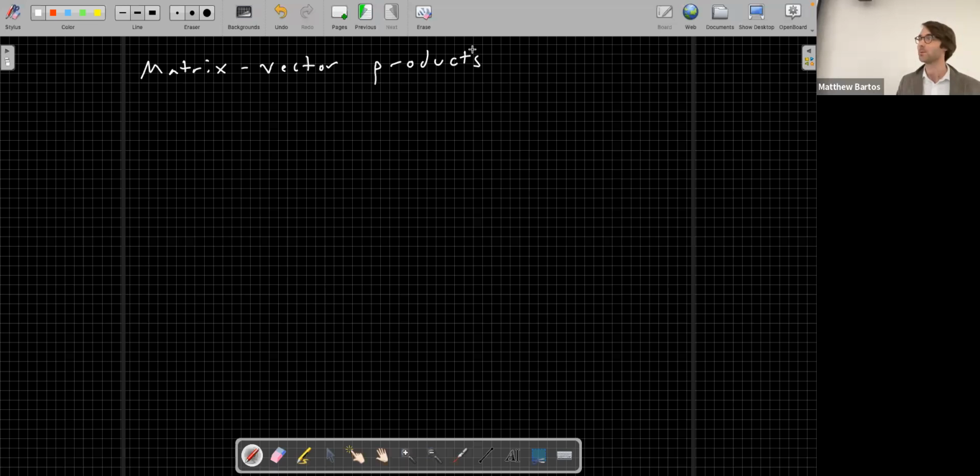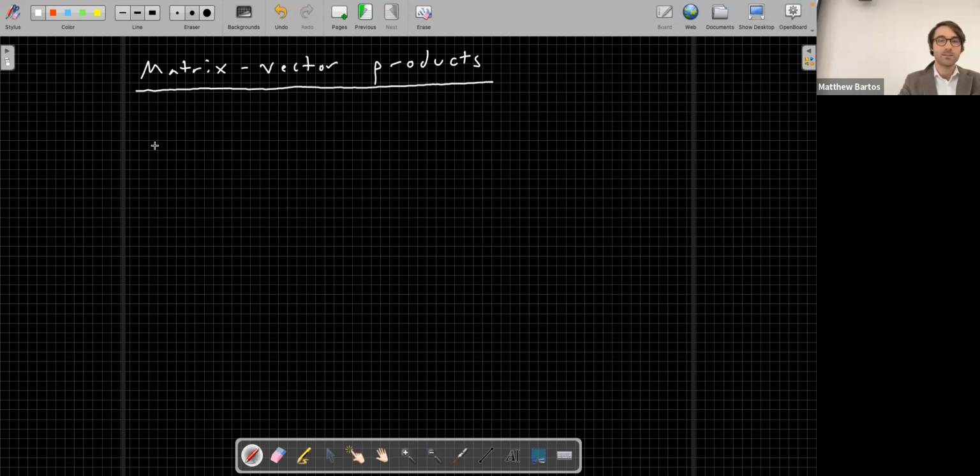This may be the most important thing I teach you in this class if you have not already seen it. I hope I'm not hyping it up too much, but this is an extremely important concept for thinking about linear algebra. So I'm going to teach you two ways to think about matrix vector products.